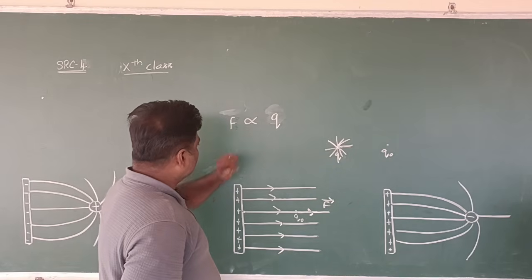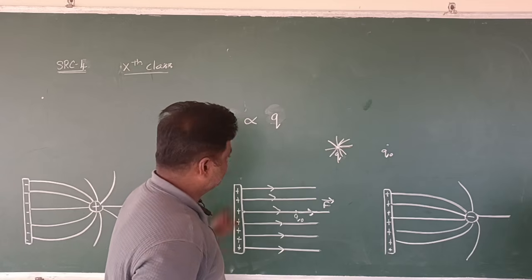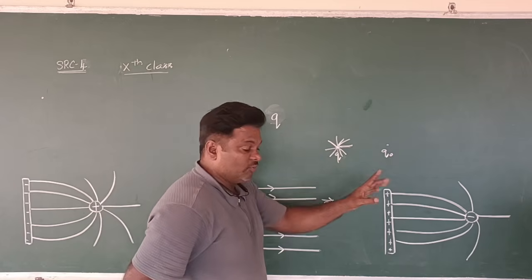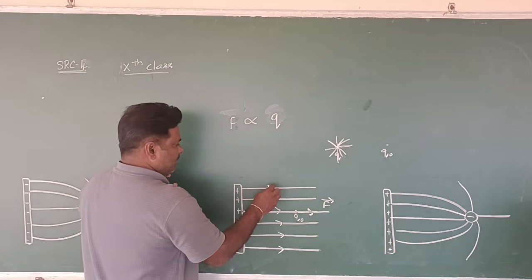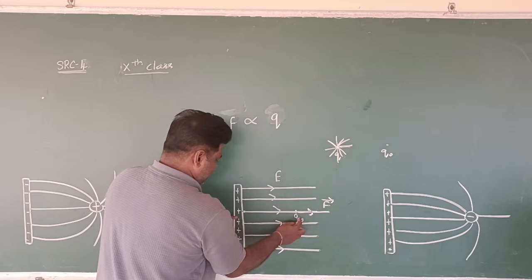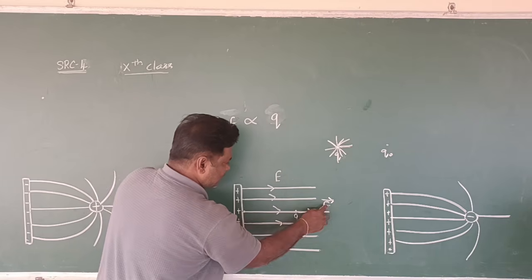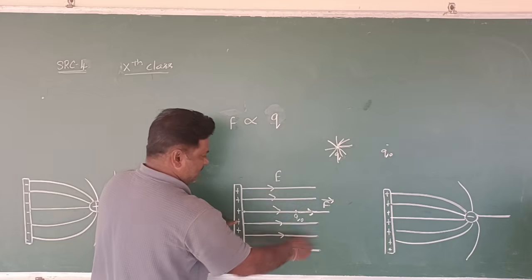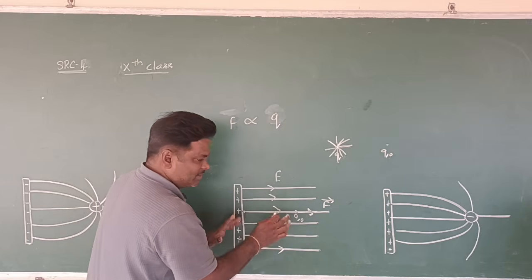To remove this proportionality symbol, we need to observe this field once again. What type of observation? Which is constant here? This positively charged body, this Q0 and this force are all playing a game, and one is the constant. What is that?